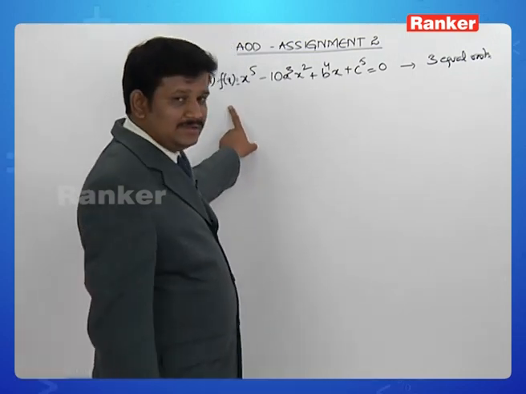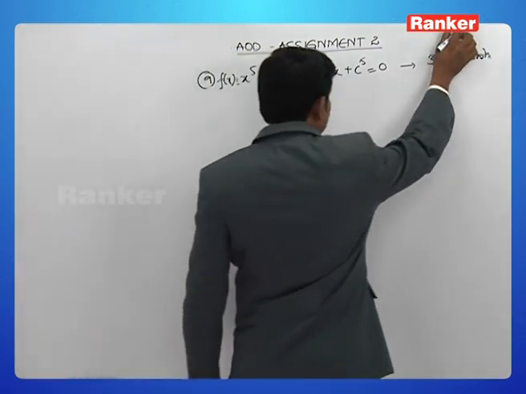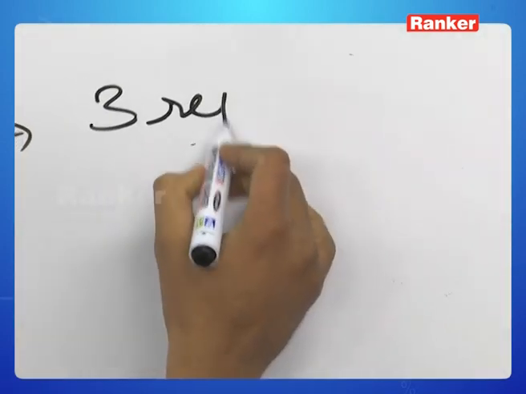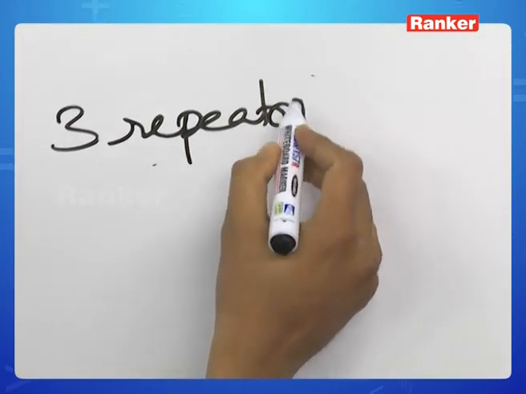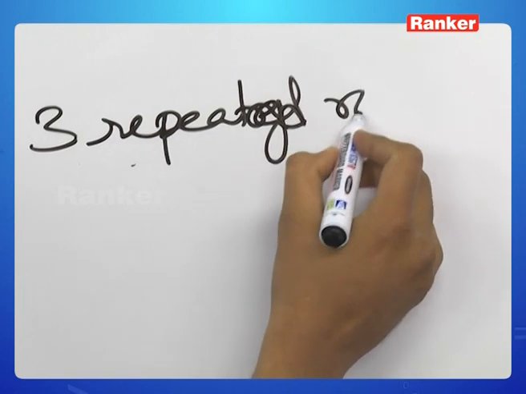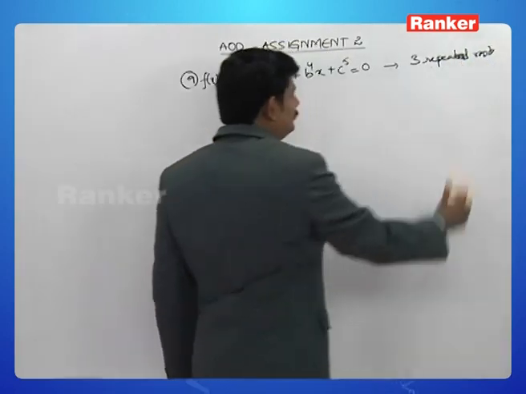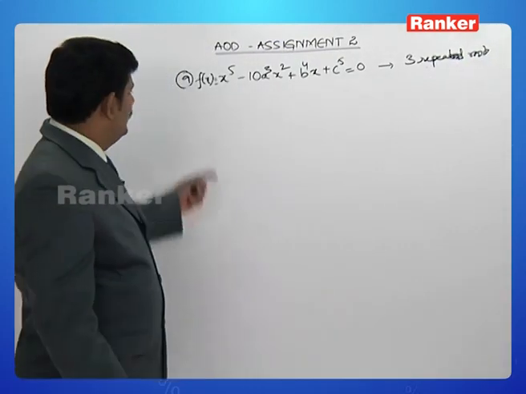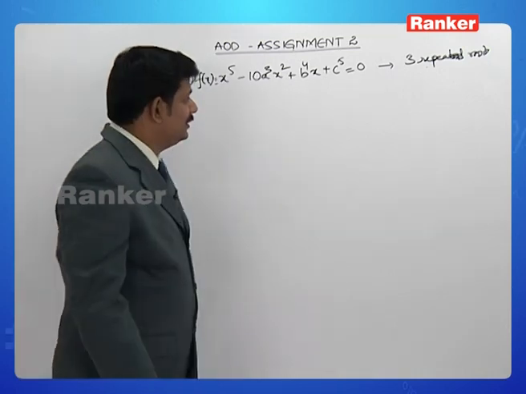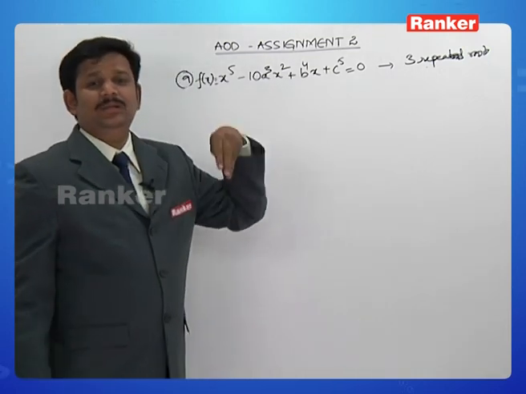If a function has 3 repeated roots, then its derivative will have the same root repeating 2 times.